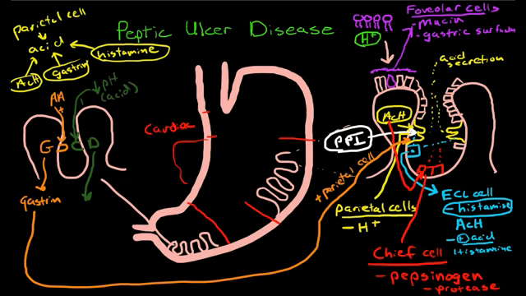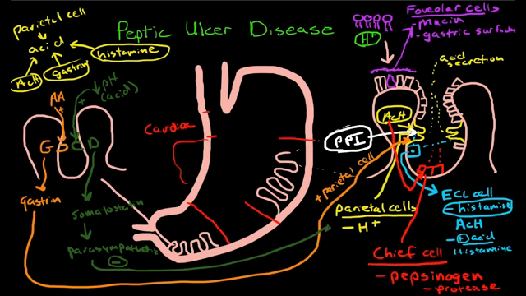And when there is low pH, the delta cell is stimulated to release somatostatin, and the somatostatin suppresses the parasympathetic nervous system. So it has a negative effect on the parietal cell production of hydrogen.